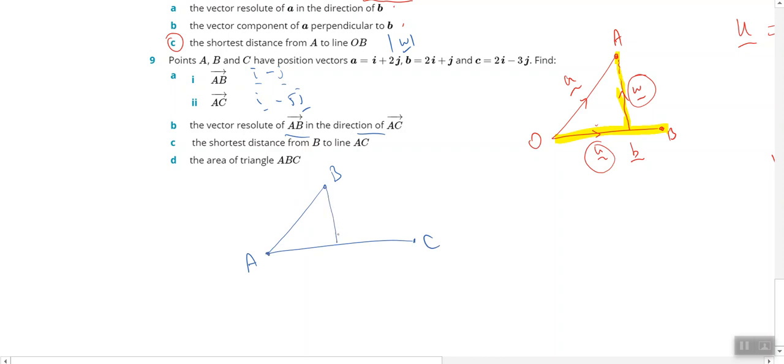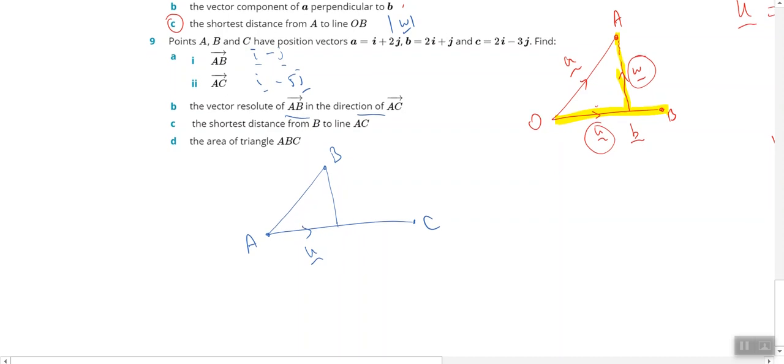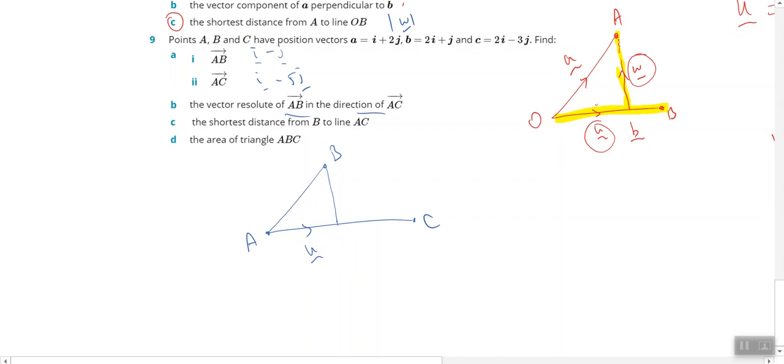So you're just trying to find again the U component. So U would be given by AB dot AC over AC dot AC at the bottom. So it's 1 times 1 is 1, negative 1 times negative 5 is positive 5, so 6 on top.